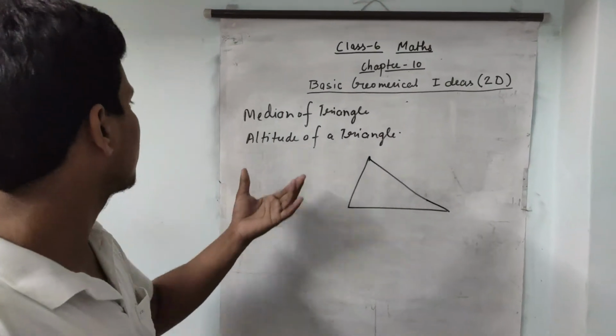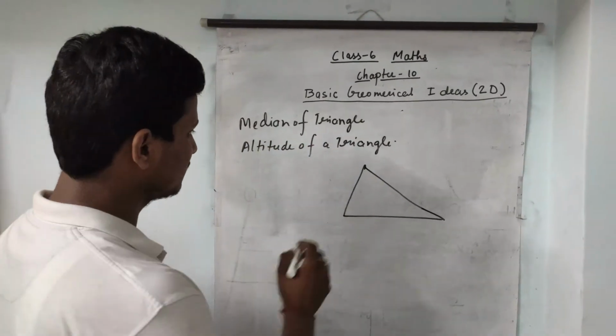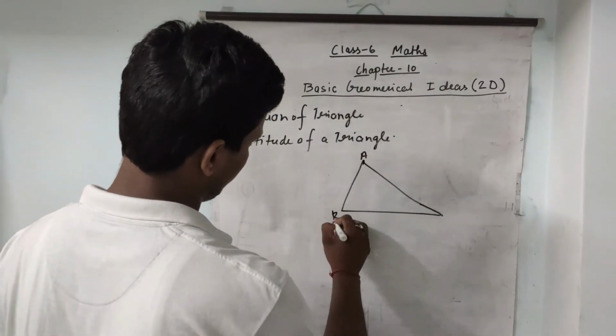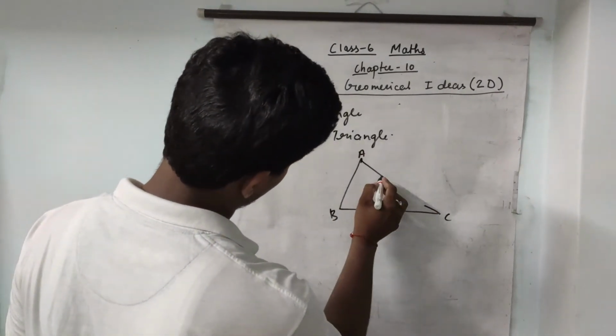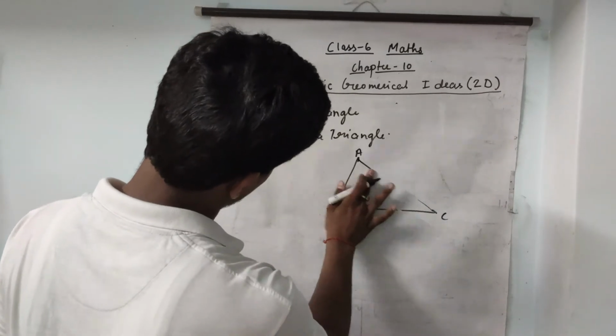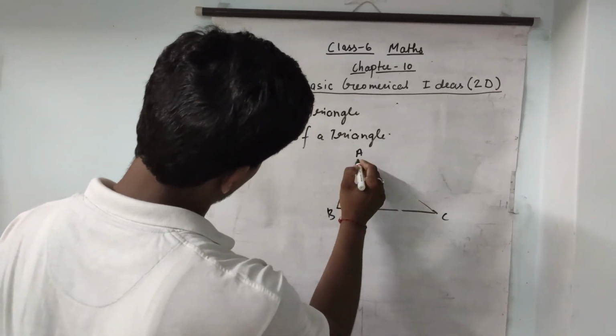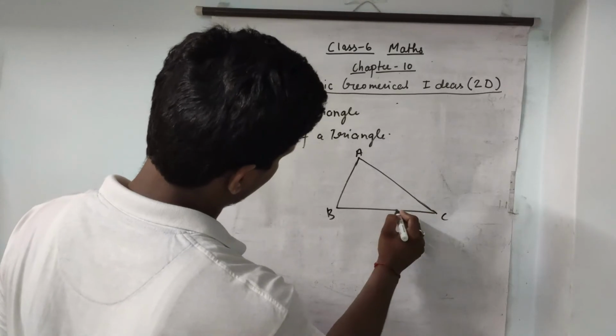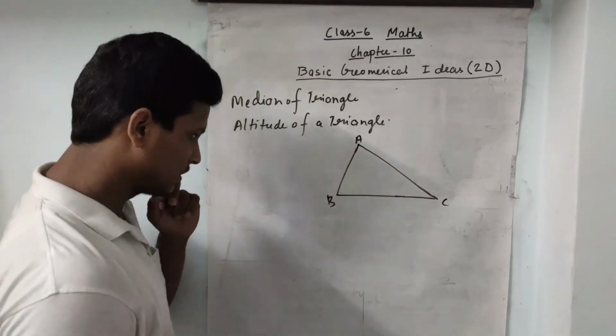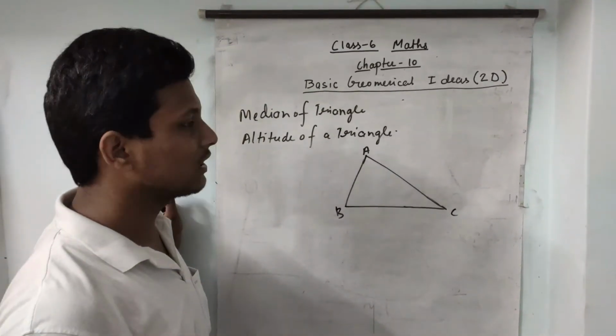Okay, so the next topic is the median of the triangle. Suppose this is the triangle given, A, B and C. So what is the median of the triangle?